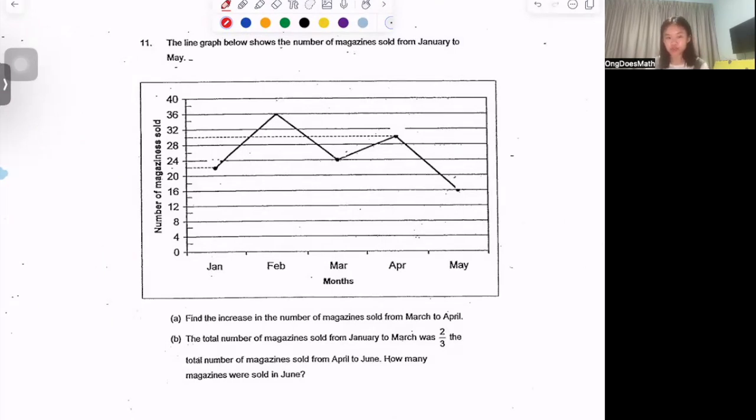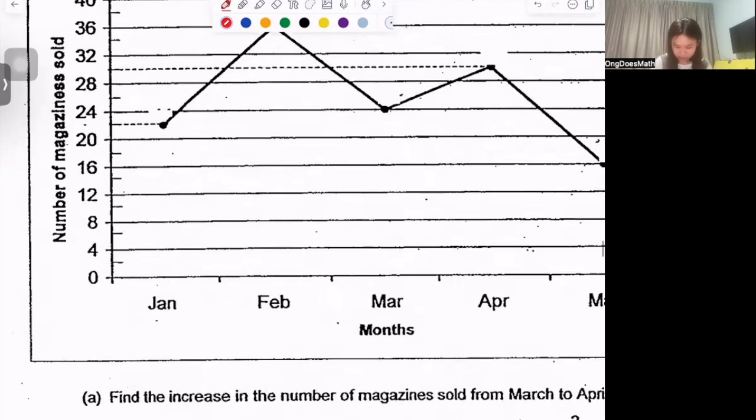How many magazines were sold in June? So whenever you see a line graph, you need to label. So if you study this line graph closely, 2 gaps give you 4, which means 1 gap gives you 4 divided by 2, which is 2. So 1 gap is 2.